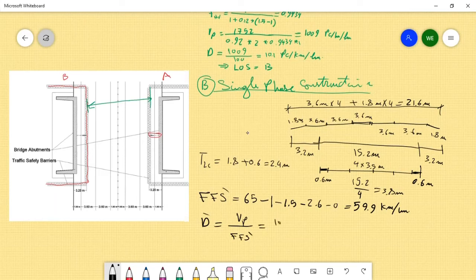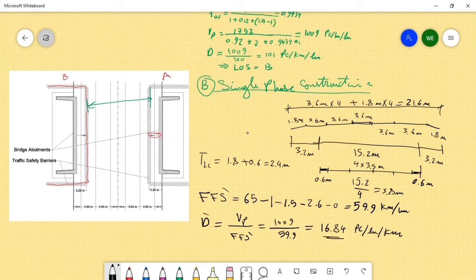It's 1009 divided by 59.9, which would be 16.84 passenger cars per lane per kilometer. That's good.